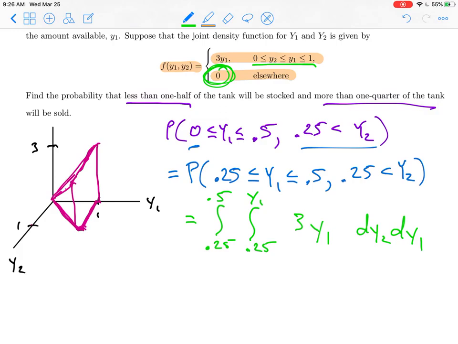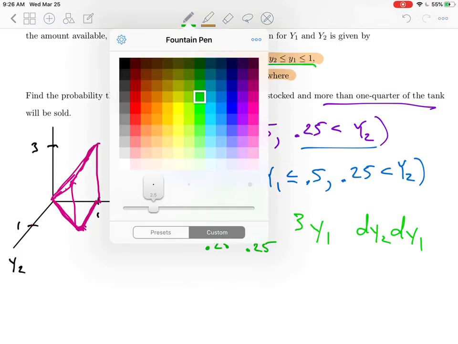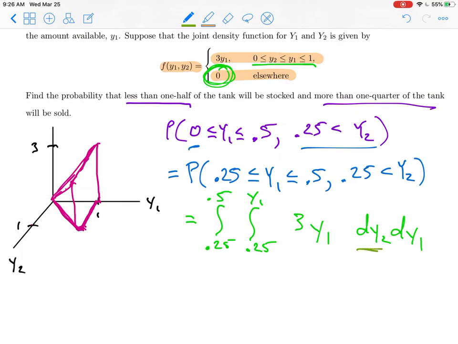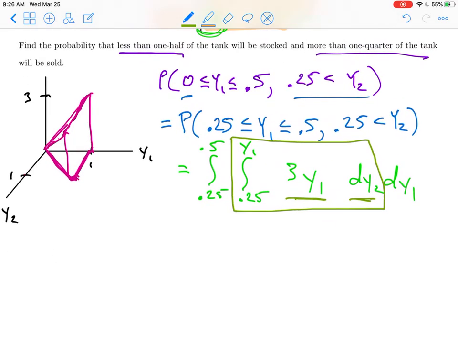All right, so we're going to integrate with respect to y2 first, so we're looking at this piece. We're going to integrate 3y1 with respect to y2, so that variable y1 we treat as a constant. And so when we integrate that, it will become 3y1 y2, evaluated from 0.25 up to y1.